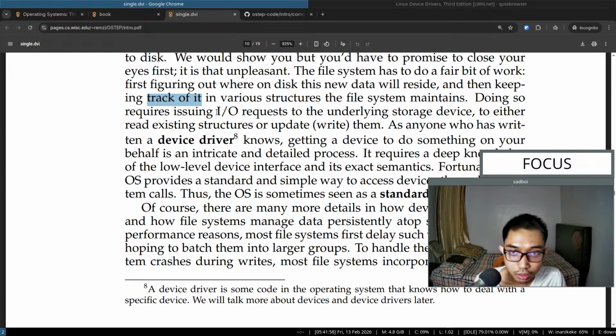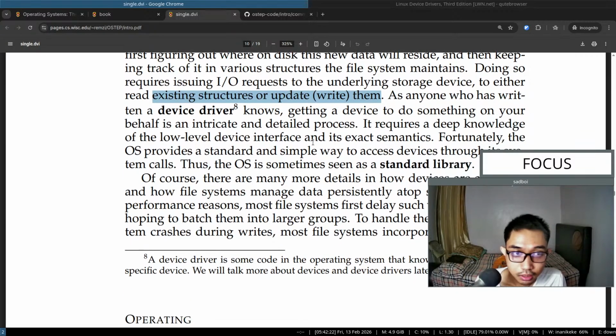Doing so requires issuing input-output requests to the underlying storage device to either read existing structures or update them. As anyone who has written a device driver knows, getting a device to do something on your behalf is an intricate and detailed process.